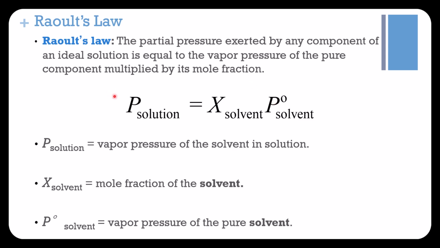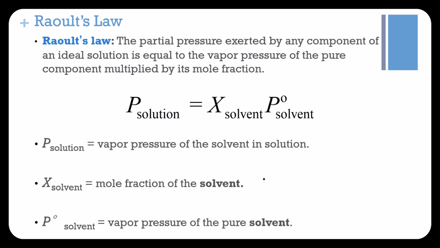Most of the time, the pressure of the solution is going to be what we're solving for. So the only piece that we need to kind of get to know is this mole fraction. What does mole fraction stand for? The mole fraction is going to be defined as follows.